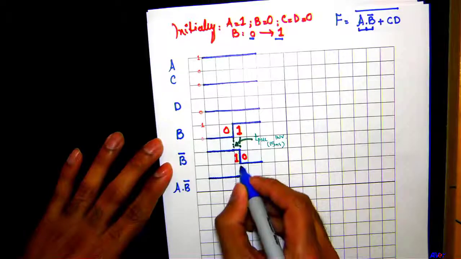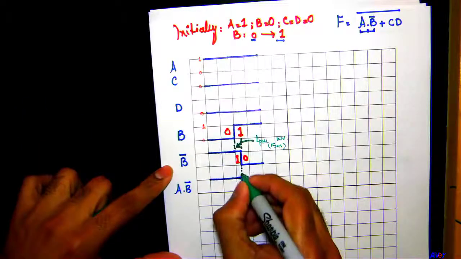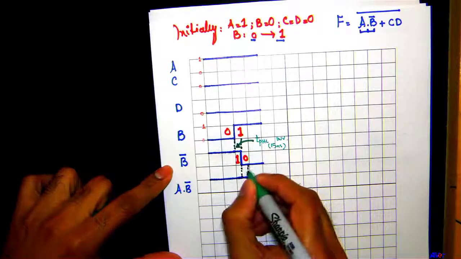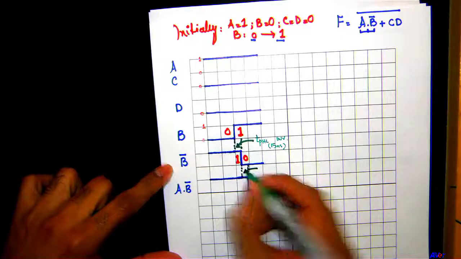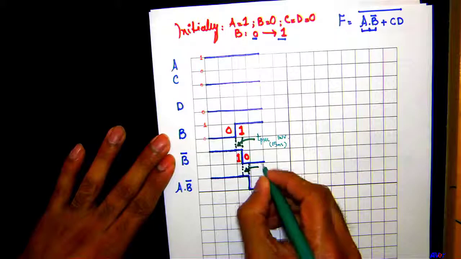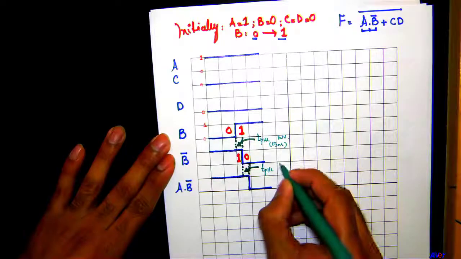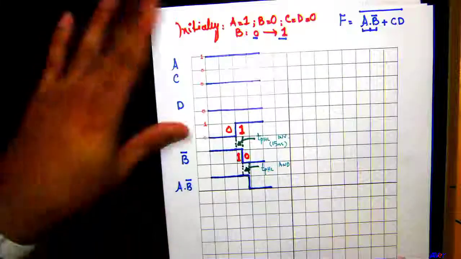Okay, so we will refer to this as a delay here. Is this the TPHL delay again, right? Because you're going from high to low. So TPHL, and this is for the AND gate. How much is the delay for the AND gate?